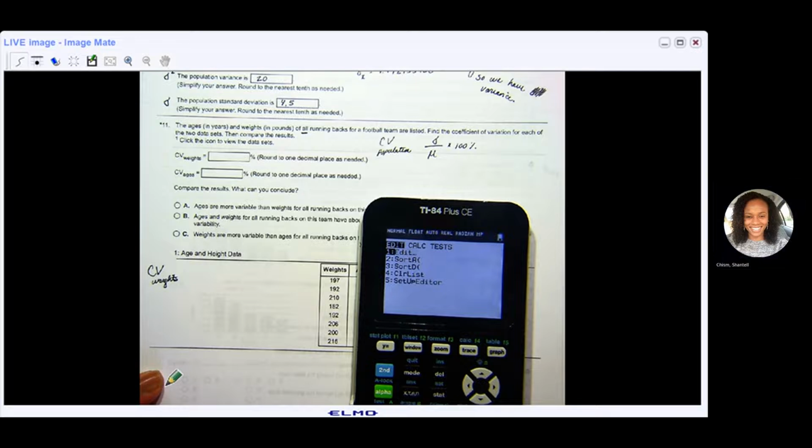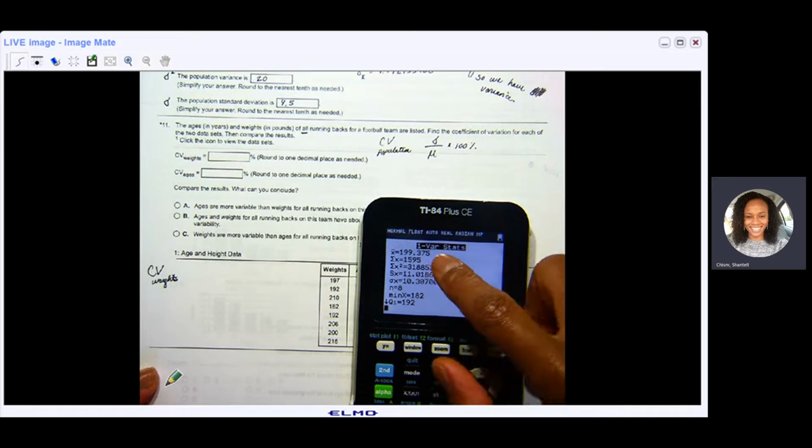Stat. And I go over to Calc. And we are using number one, variable stats. My list is L1. So I go calculate. Because remember, I have to pull the deviation and the mean.